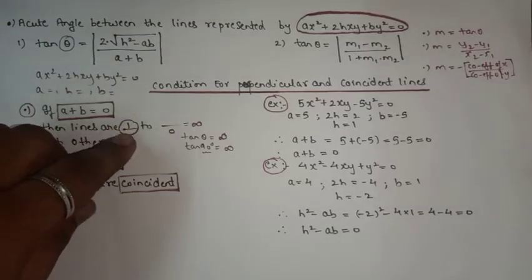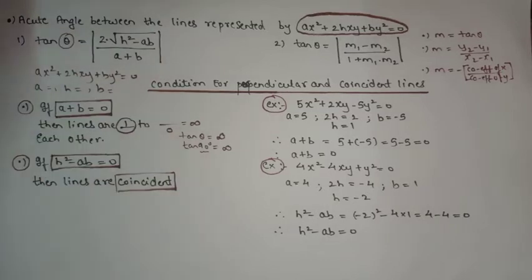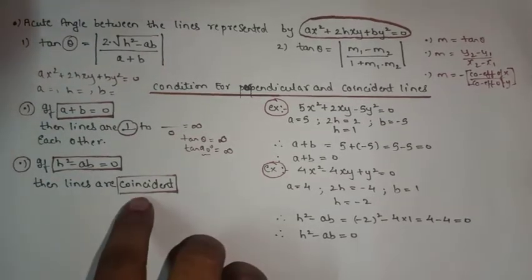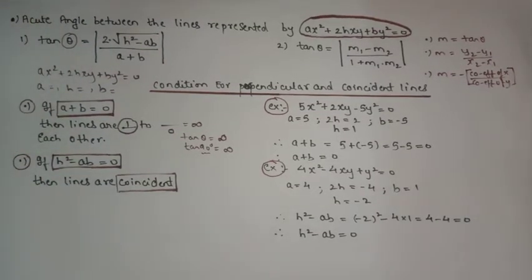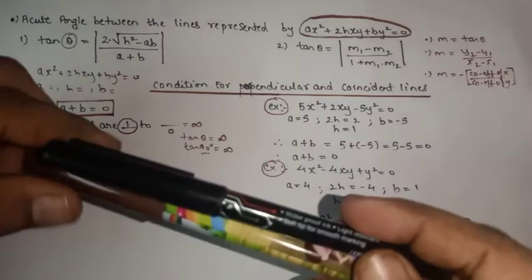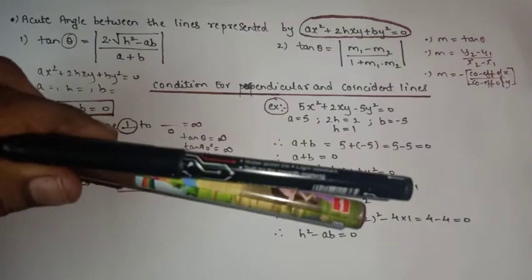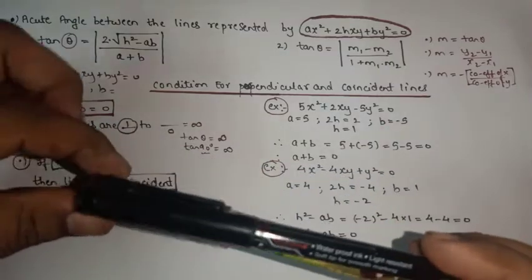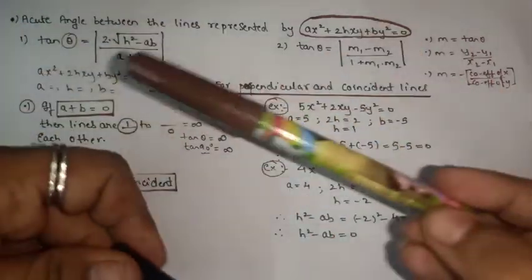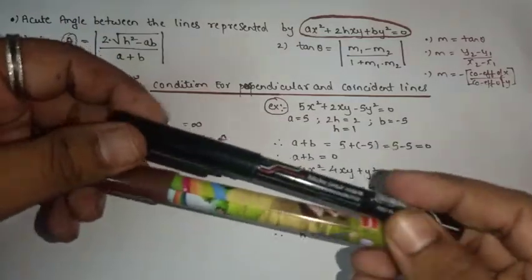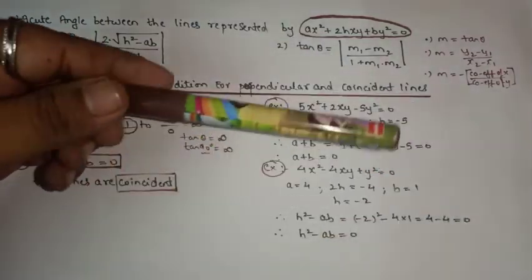Now everyone knows about the perpendicular. Now we'll see the definition. What do you mean by coincident? I hope you all might be knowing the definition of coincident. The coincident means what? The two lines or a shape. Suppose consider this. These are the two lines, line number 1, line number 2.